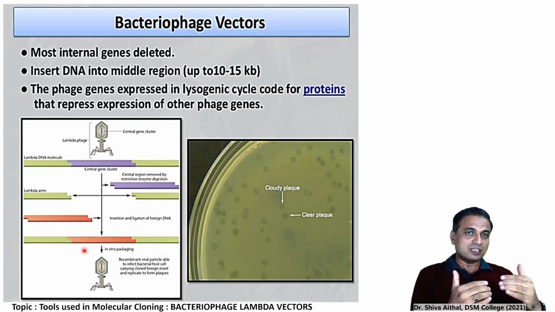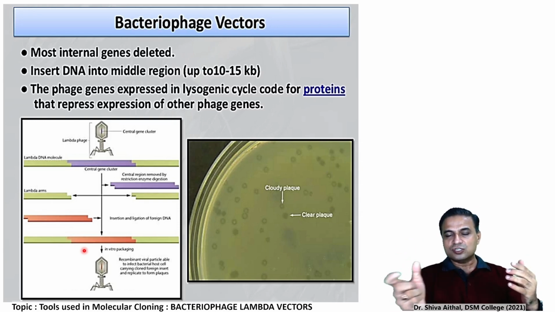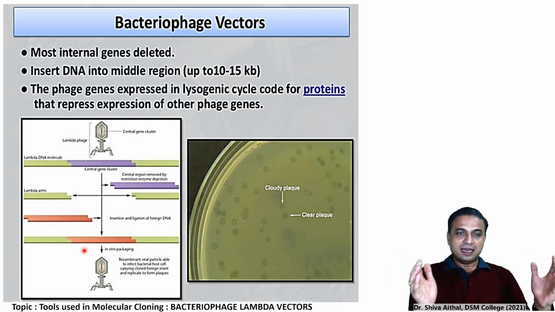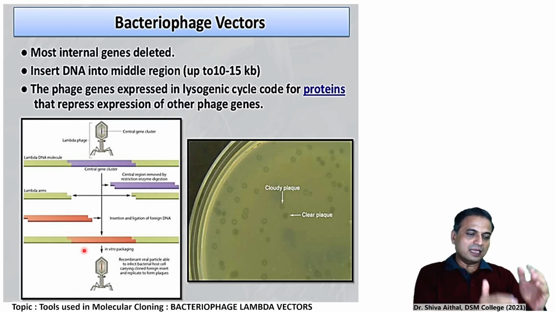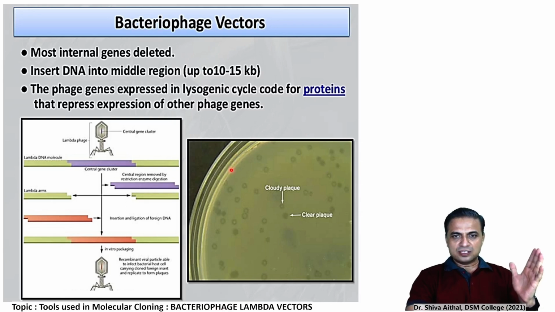How do we see whether these bacteria are dividing or not? You have taken out the unessential genes and introduced your gene of interest into the lambda DNA, and then it is allowed to multiply in a host. This is checked as you can see here: this is a real plate which contains a lawn of Escherichia coli bacteria, and you can see plaques here.